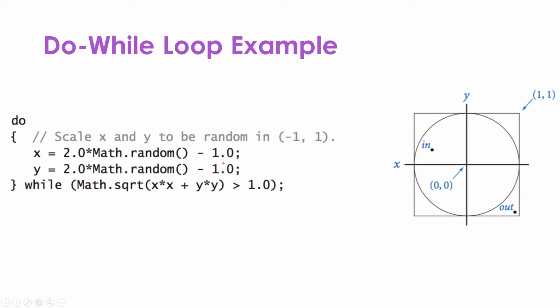We're going to get this X value, and we're going to get this Y value. If our values fall somewhere outside of our circle, we're going to do it again, because that's essentially what our math is here.